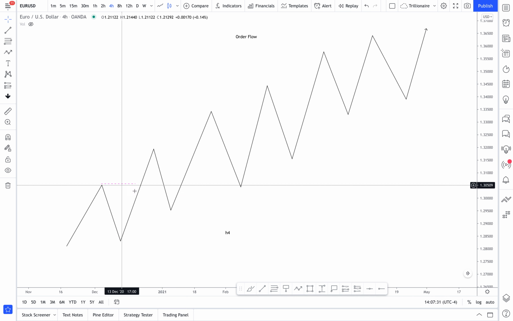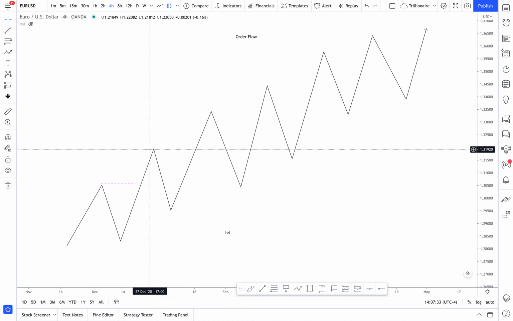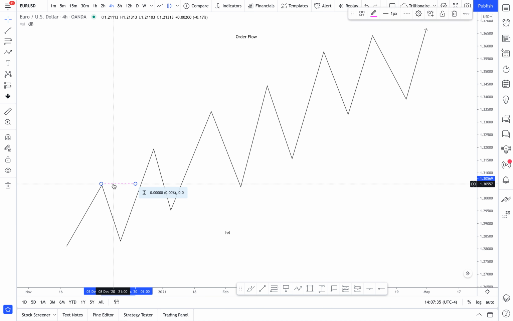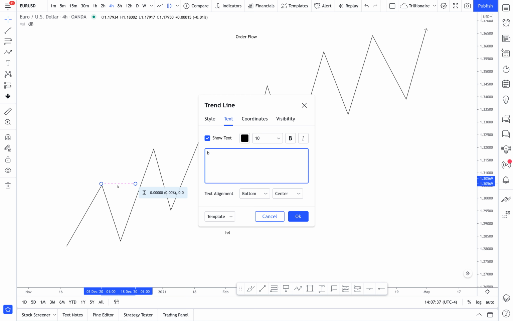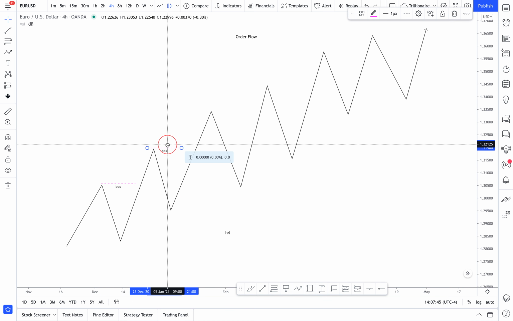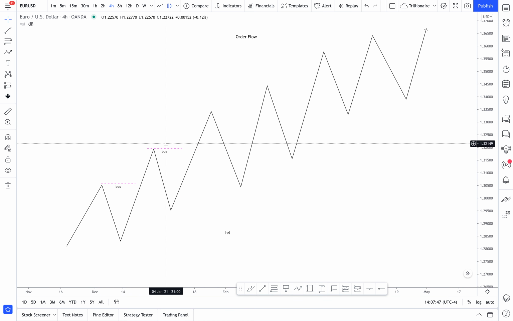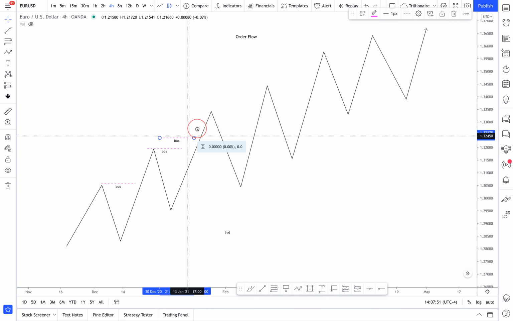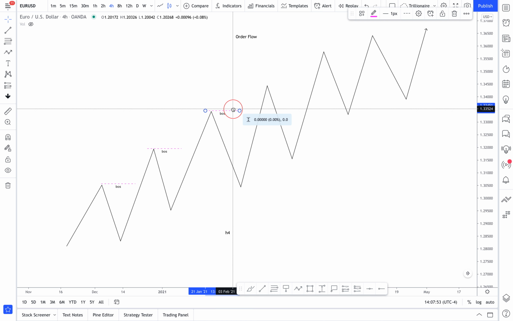So if we have a higher high and we see that price break structure, okay, so let's say this is a BOS. Then what we're looking for next is going to be another higher high, right? If we break structure again, we're going to be looking for another higher high.